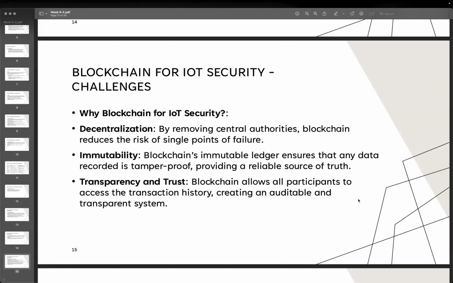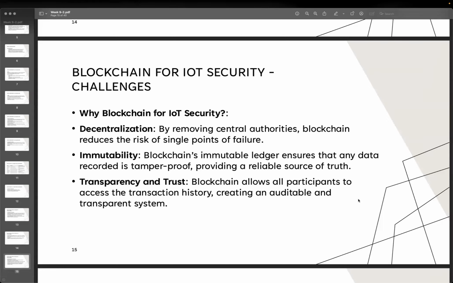We can also have a blockchain wallet, if you remember the wallet, which we can use for login, and authorized devices can use it for saving those credentials. Okay, we can secure the device.